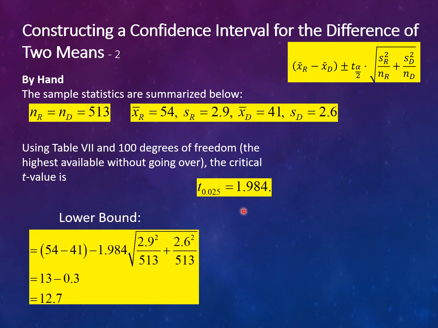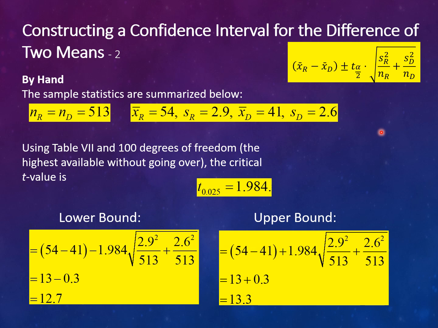If we plug these into the formulas that you can see up here, X bar Republican minus etc., I'm not going to read that again, we get the upper and lower bounds, as you can see here from the calculations, just plugging the numbers in and evaluating.